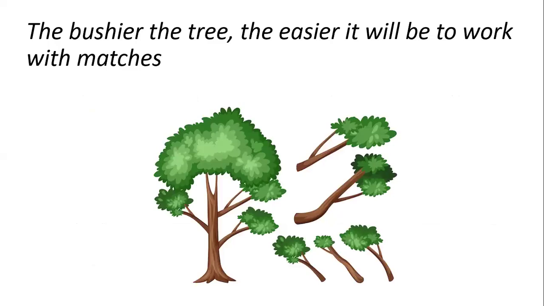The bushier the tree, the easier it will be to work with the matches. And what I mean by bushier tree is you want to take those cousins down. You don't want to take just the lineage back like we do for DAR, just that straight lineage. You want to bring it out. You want to look at those cousins, those siblings. You want to bring those down because the descendants of those people are going to be your matches. Okay?